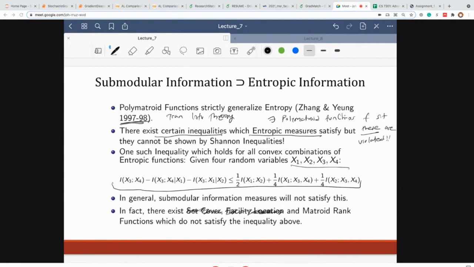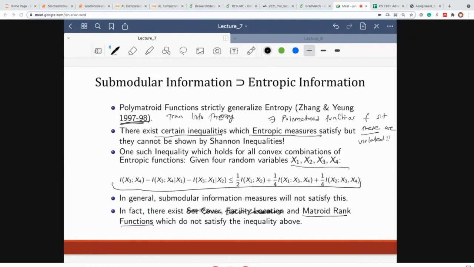But there are certain matroid rank functions, which I've not gone into in detail, but which are in some sense like matrix rank functions, that do not satisfy this.